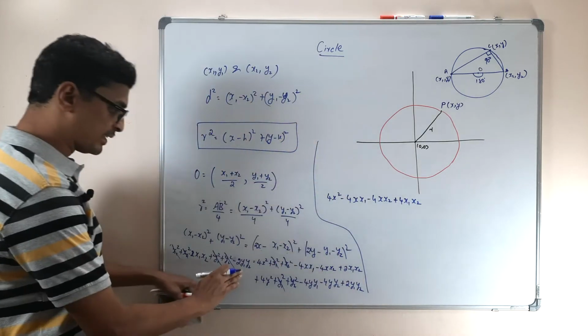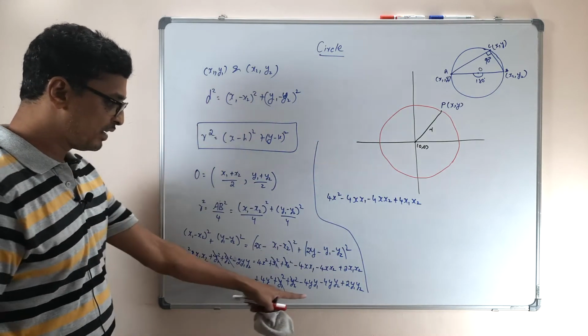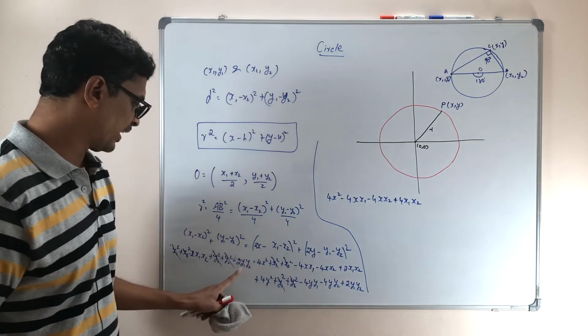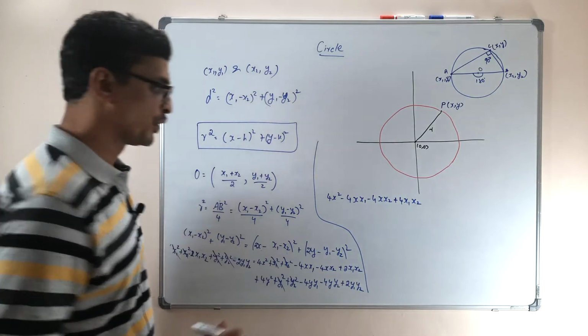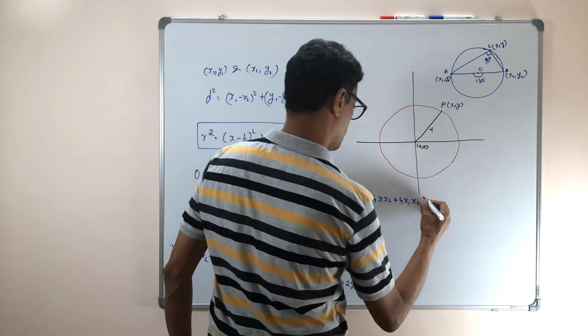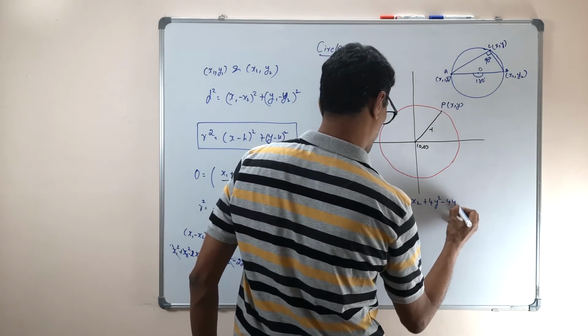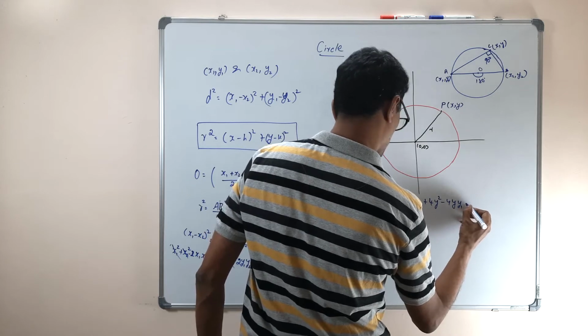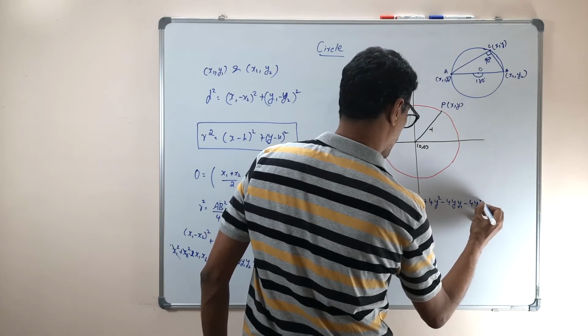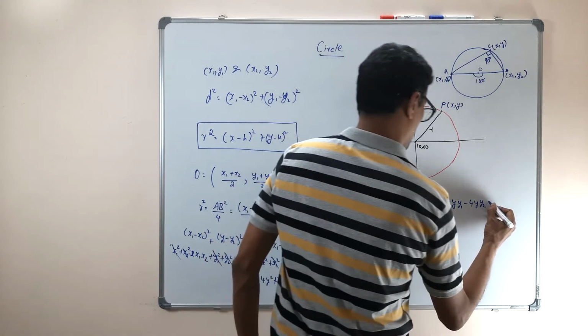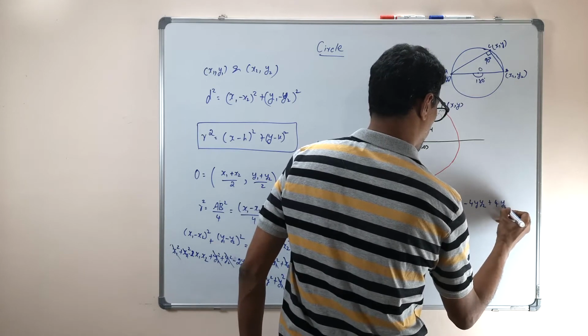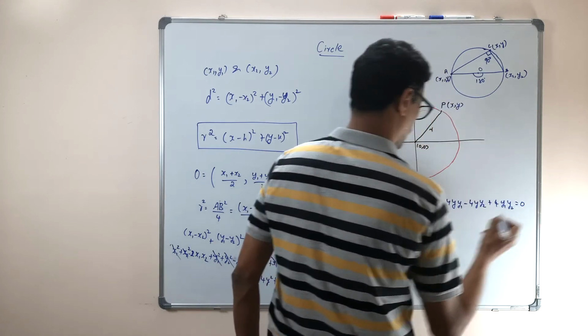The same way this happens, right? 4y square minus 4y1 for this one. Again take this one, this becomes positive. So we'll get plus 4y square minus 4y y1 minus 4y y2 plus 4y1 y2 is equal to 0.